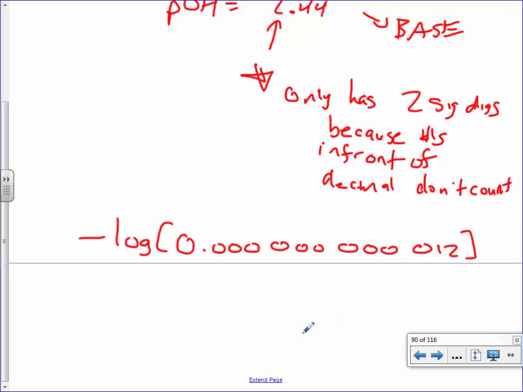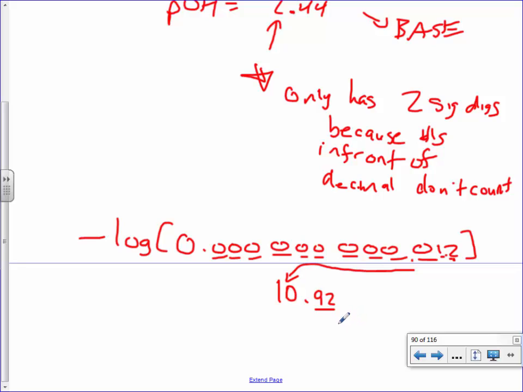Anybody negative log that one yet? Okay, and that's actually the answer we'd use because the 10 refers to 1, 2, 3, 4, 5, 6, 7, 8, 9, 10 zeros in front. That's what the 10 refers to. But these zeros in front would not have counted as a sig dig. Does that make sense? So this 1 and this 2, they provide us sig digs. That's where the 2 sig digs comes in.